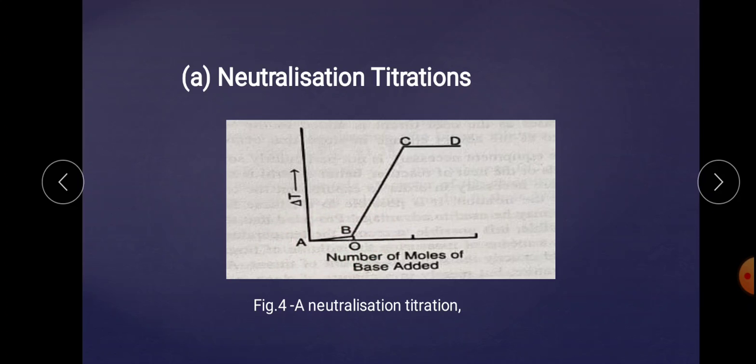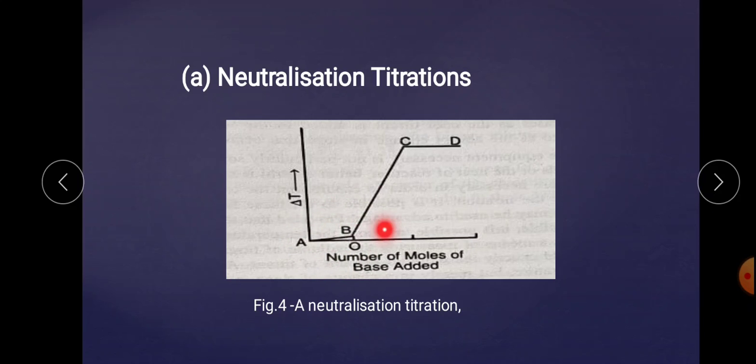The change or increase in delta T along AB is a very minute change, but delta T does increase along AB. It is due to the simple fact that the titration vessel and its content, that is acid, are exchanging heat with the surroundings.